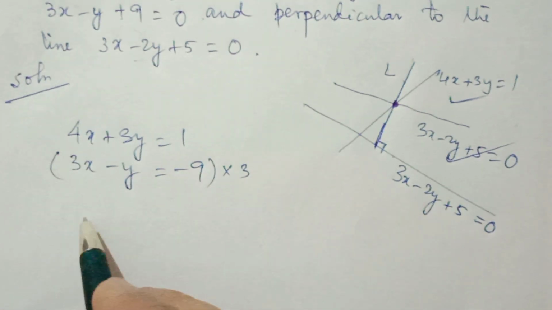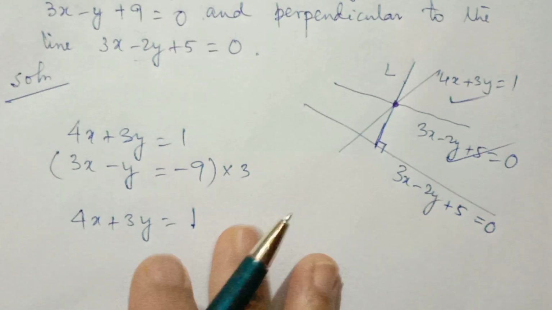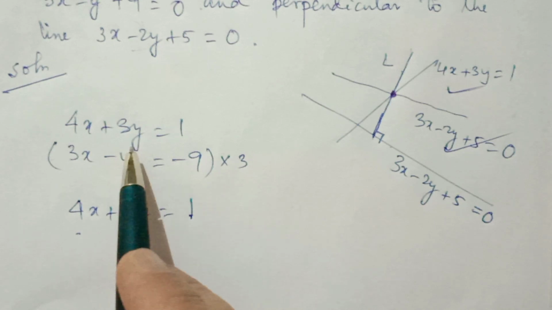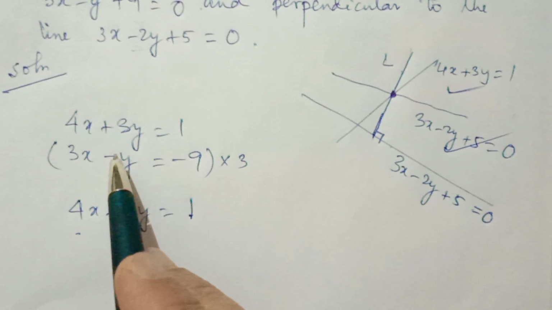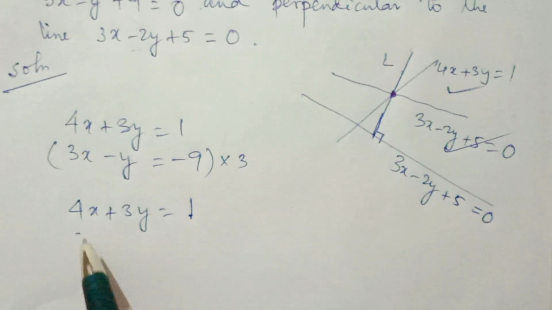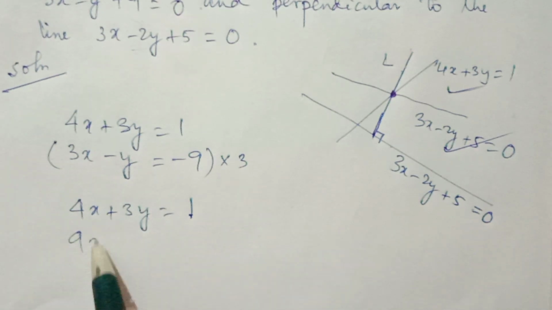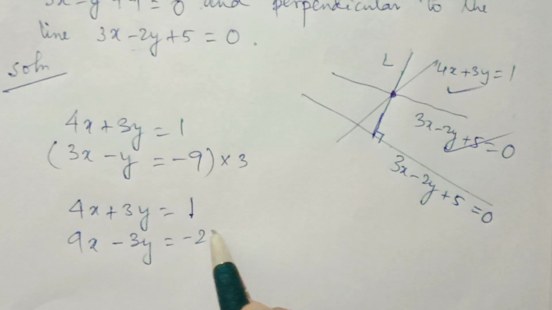Then we'll write this equation with the same coefficient of y. It should be multiplied with 3 because here 1 is there. 1 into 3 is 3. So this 3 will be multiplied to all the terms. Then 9x minus 3y equals minus 27.